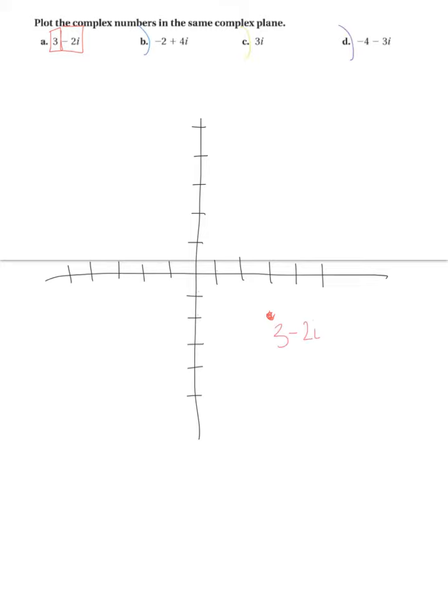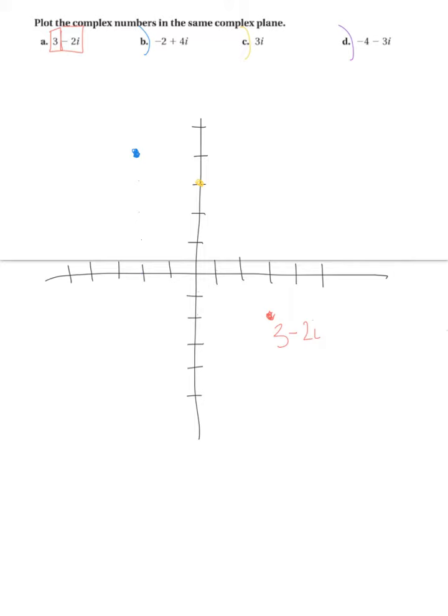So for letter B, you should have gone negative 2 on the real axis and up positive 4 on the imaginary axis and plotted the point. And for C, there is no real part, so the real part was 0 and the imaginary part was positive 3, so we need to go up 3, and that point's going to be on the imaginary axis.